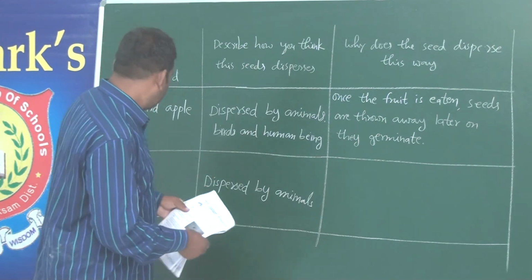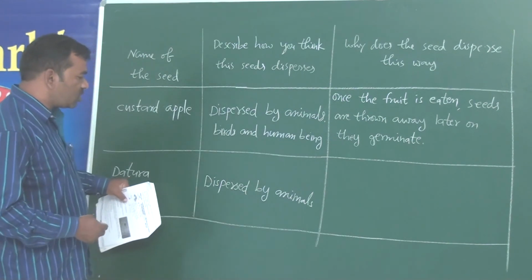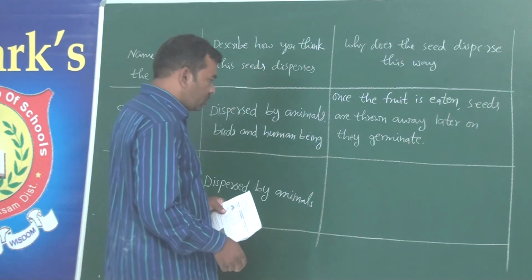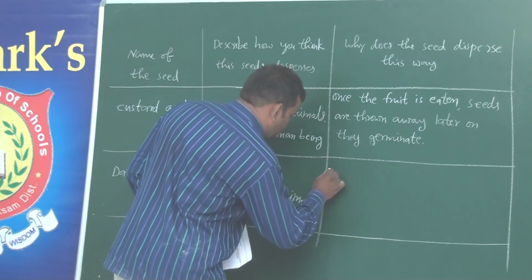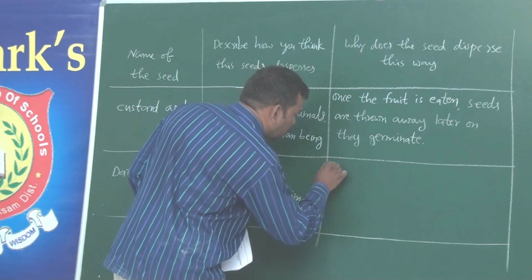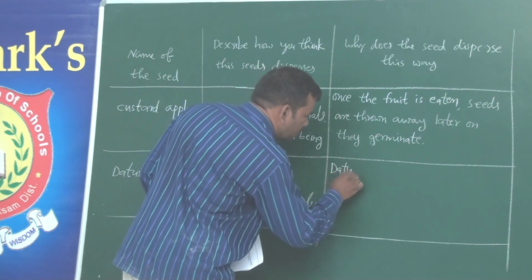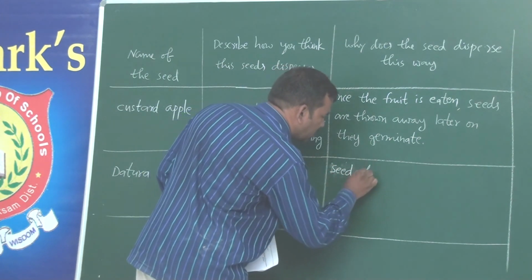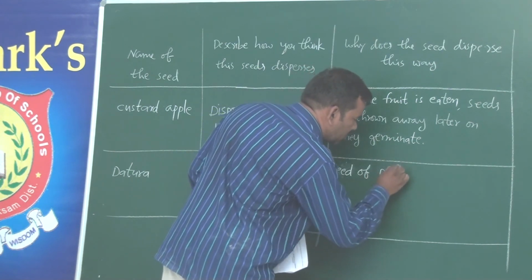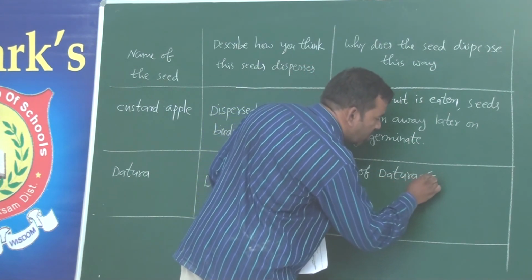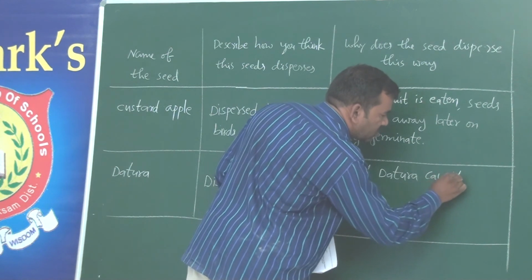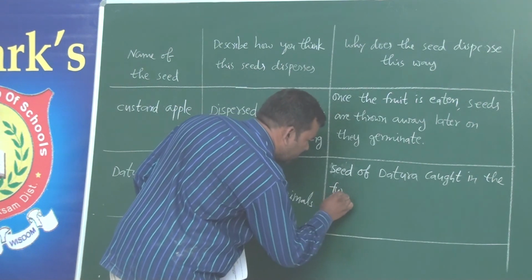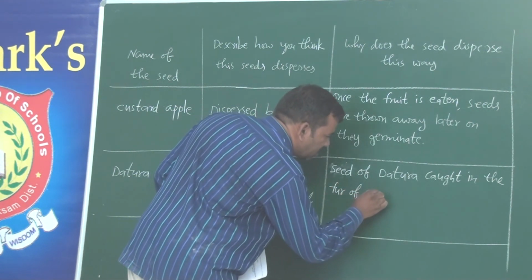Okay? And the same datura. So what about the datura? Datura also get dispersed by animals. Seeds of datura caught in the fur of animals.